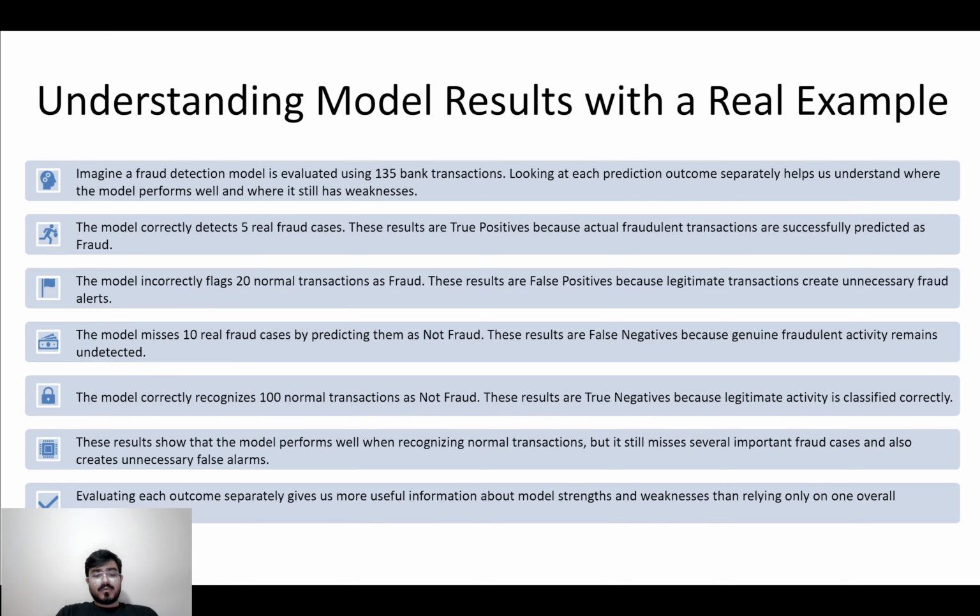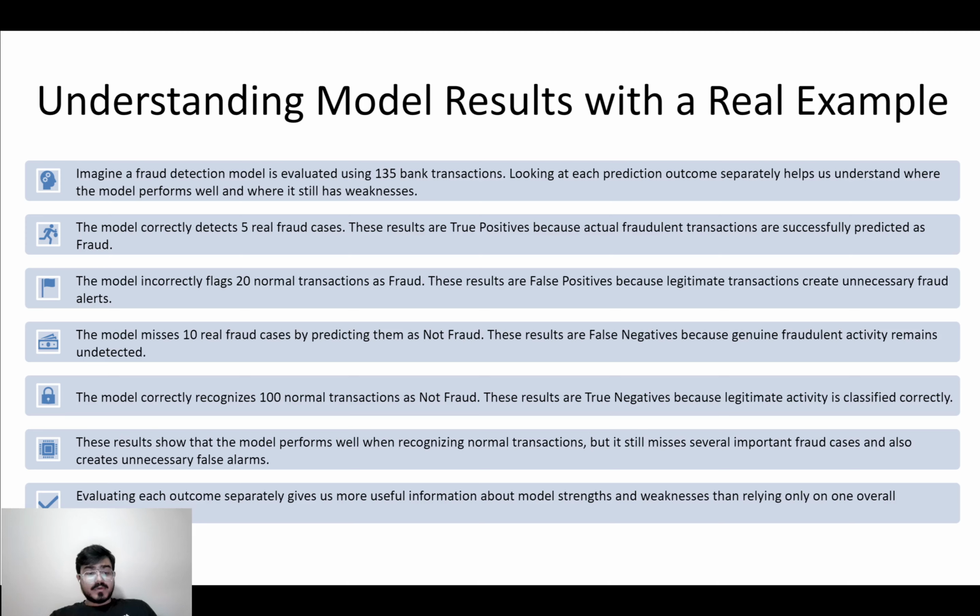So now that we understand the four outcomes of the confusion matrix, let's apply them to a real example and see what they tell us about a machine learning model. So imagine a fraud detection model has been tested using 350 bank transactions.